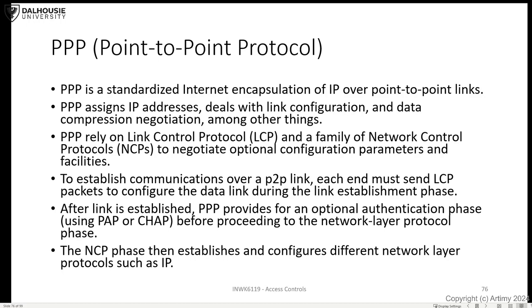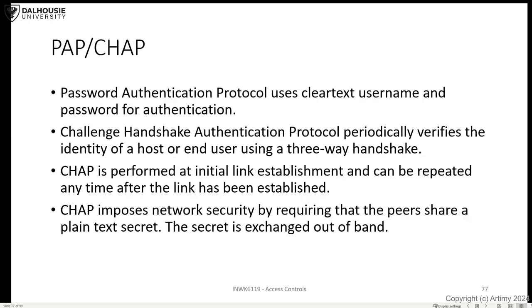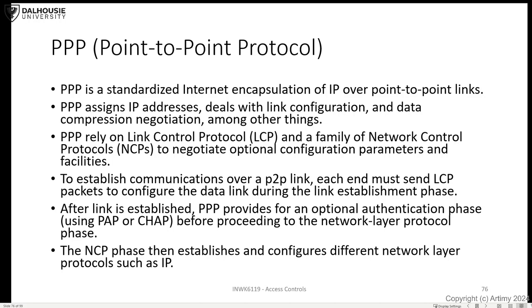So after the link is established, PPP has an optional authentication phase using PAP and CHAP. So again, these are the ones that I mentioned earlier. These are sub-protocols under PPP, and PPP relies on these two to provide authentication.